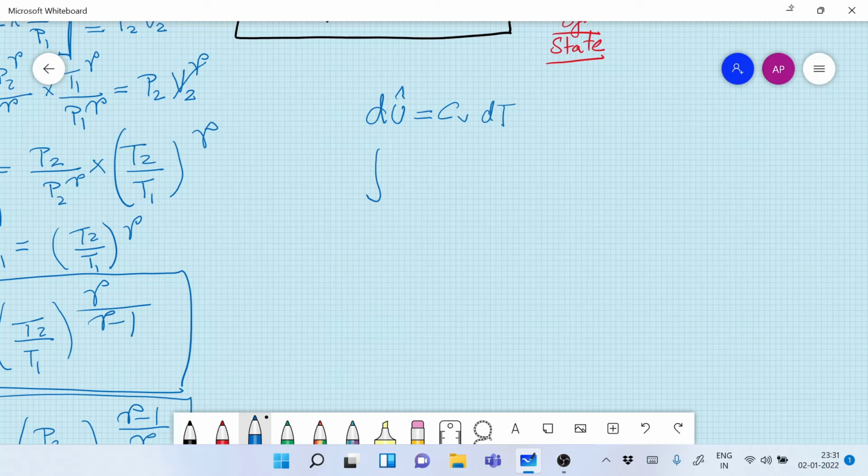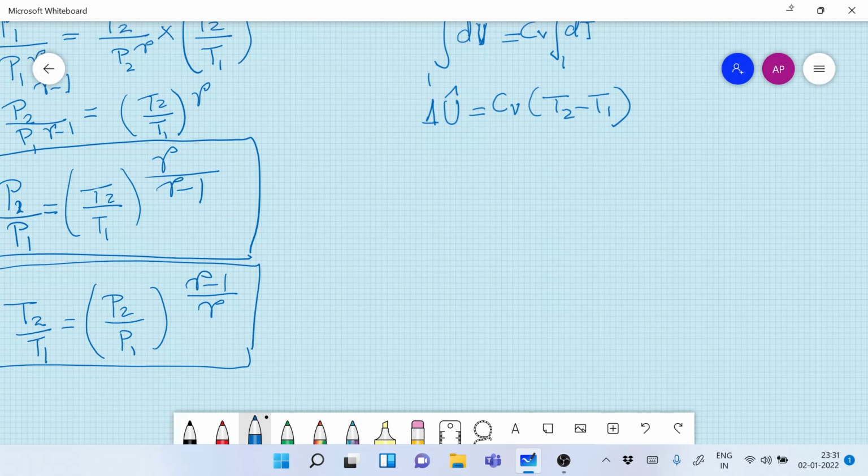Now we integrate it for this process, 1 to 2 dU is equal to Cv, which is a constant, integral dT 1 to 2. So we get delta U is equal to Cv into T2 minus T1.